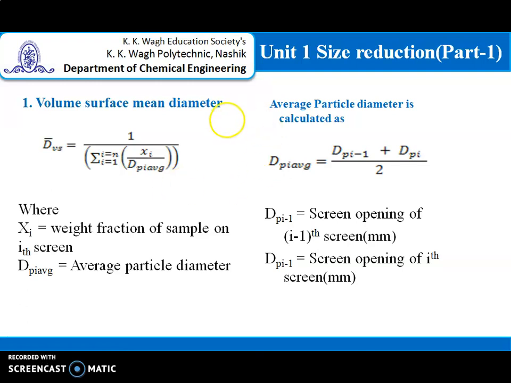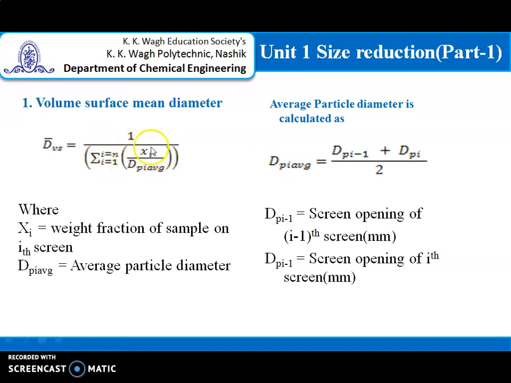What does it mean? Suppose there are two screens, and the particle passes through the first screen and is retained on the second screen. Then the size of the screen opening of the first screen plus the size of the screen opening on which it is retained, divided by 2, is the average particle diameter. Likewise, for every screen we can find the average particle diameter.